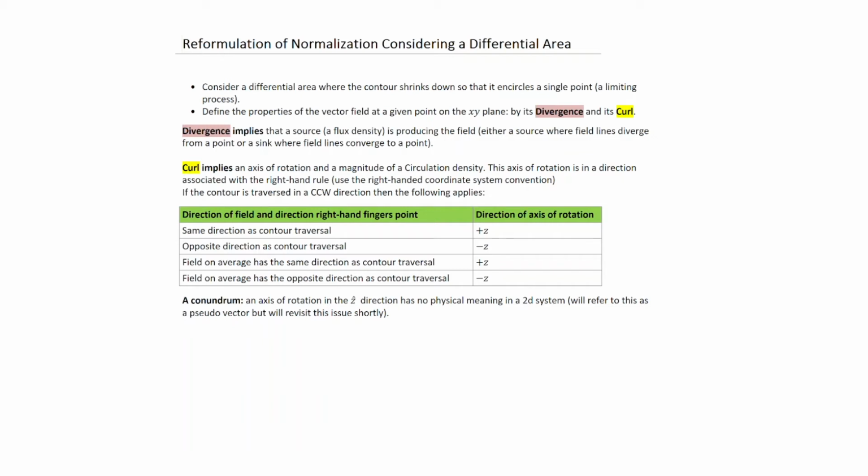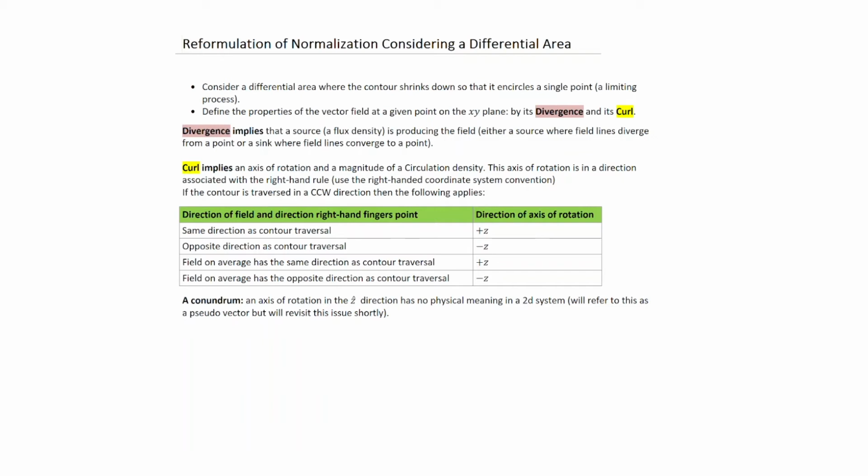Curl implies an axis of rotation and a magnitude of a circulation density. So when we looked at, for instance, a field that was forming a closed contour, forming a circle, how do you describe the properties of a field that's moving in a circle? Well, we would normally associate that with an axis of rotation.